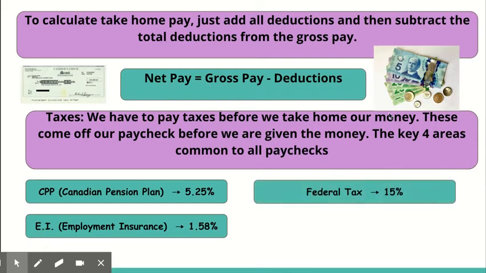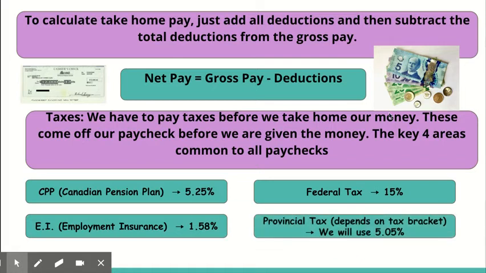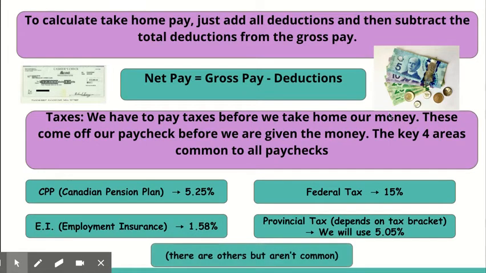You have your federal tax, which is about 15% of your gross pay, and then your provincial tax. So this depends on the tax bracket that we have previously seen in the income tax unit. For the questions that we will use in the examples, we're just going to use 5.05%. There are other ones, but they aren't common.